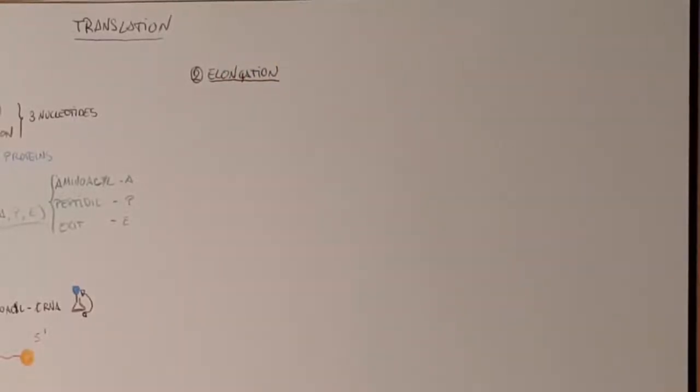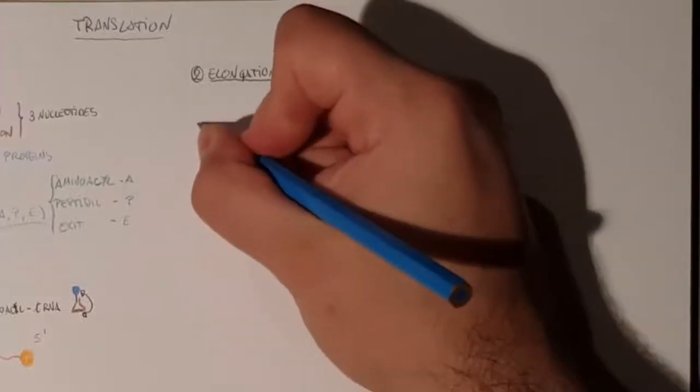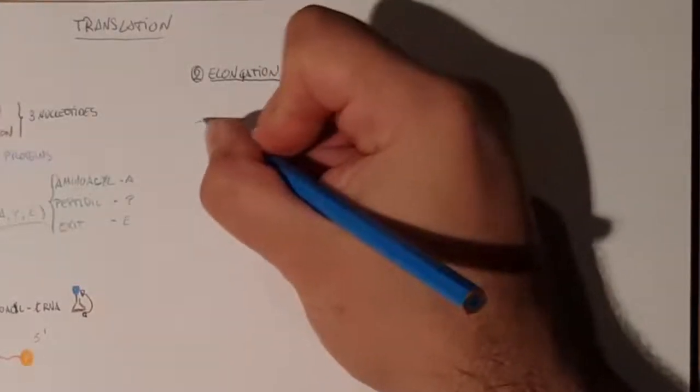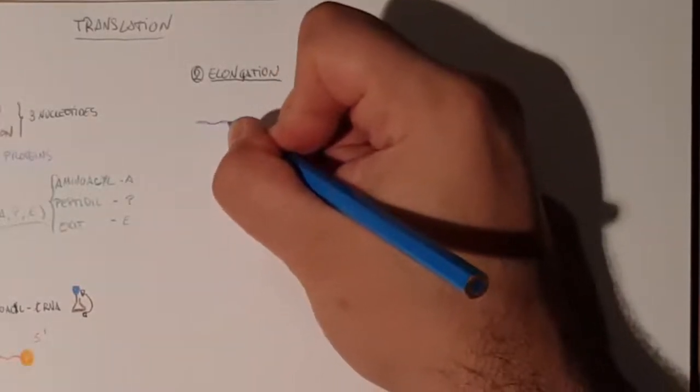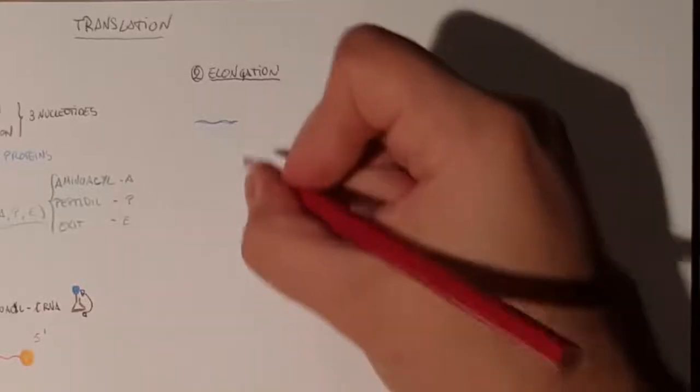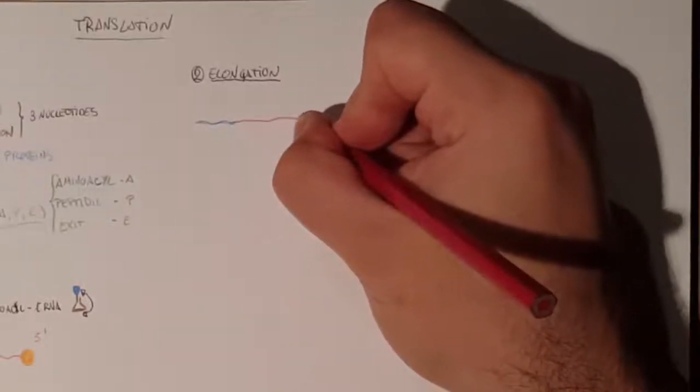In elongation, we're going to make the amino acid sequence bigger. How do we do it? Super easy. We're going to start from here. This is the poly A tail again, the mRNA sequence.